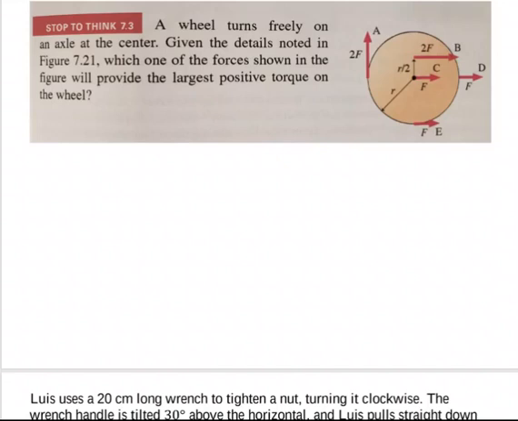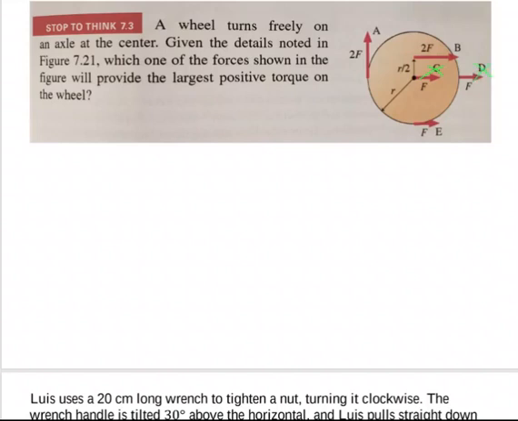What do you think about C? That's stupid. Why is it stupid? Because you're not providing any torque. There is no radius from the center, so it cannot be C. That's 0. There's no torque. What about D? That is also 0. Why is it 0? Because it's not perpendicular. The angle is not perpendicular, so it's sine 0.